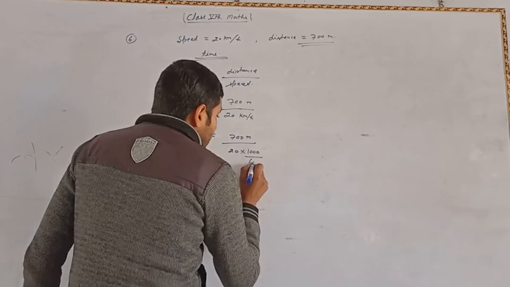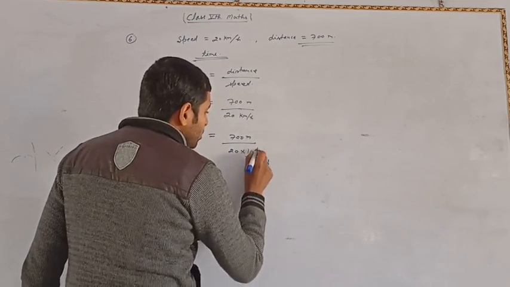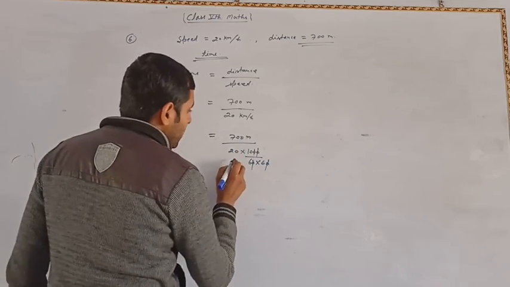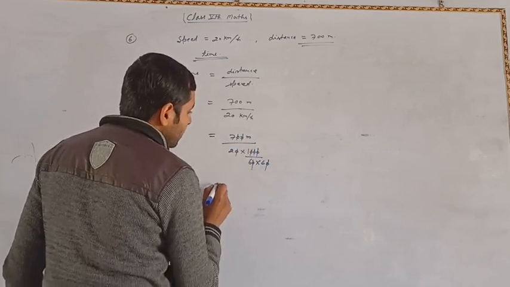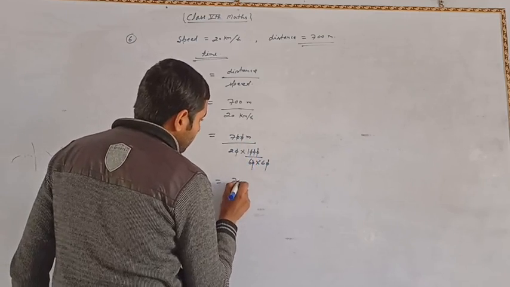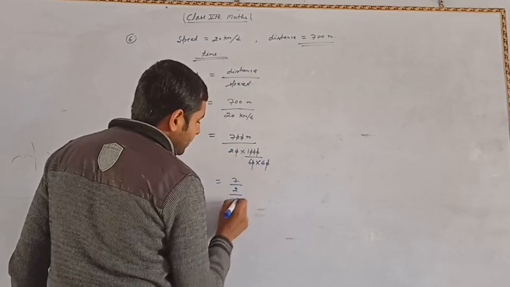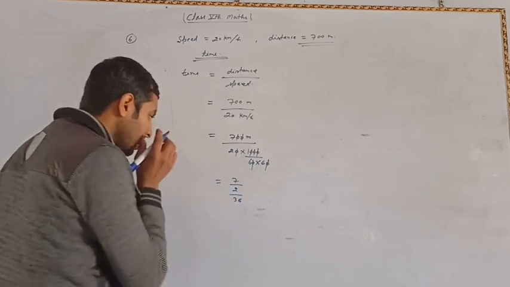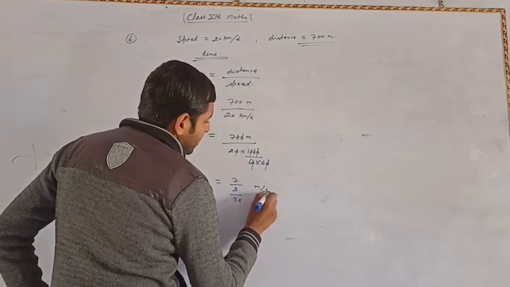So 60 into 60, then from here 0 0 cancel. From here also 0 0 0 0 cancel. So we get 7 upon 2 upon 6 is 36. Okay, now in meter per second.